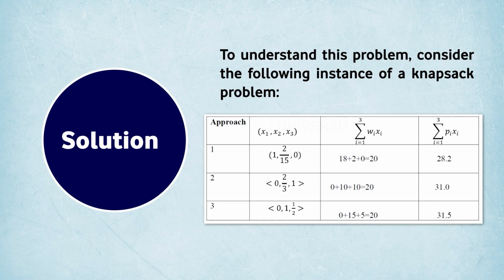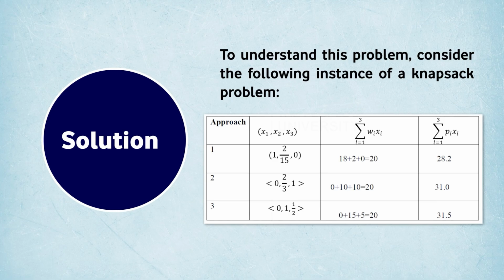So which has the maximum profit by weight ratio? That is item 2, which is 1.6. So you include item 2 fully first, then the remaining items will be included. Another one is item 3, which has a ratio of 1.5, so it will be included based on the weight.